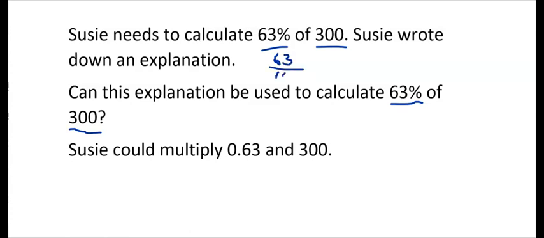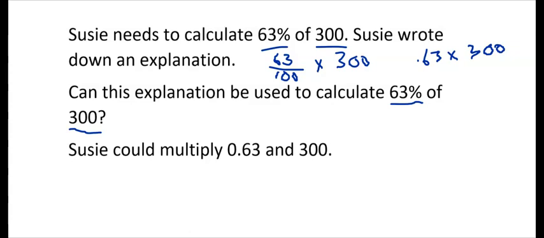It's always hard to do sixes while writing with a mouse, but 63 over 100 of means times, and 300 is the number. So 63 over 100, but as a decimal, that would be 0.63, right? 0.63 times 300. So those are a couple different ways we can write this down. All right, so 63 over 100 times 300, or 0.63 times 300.